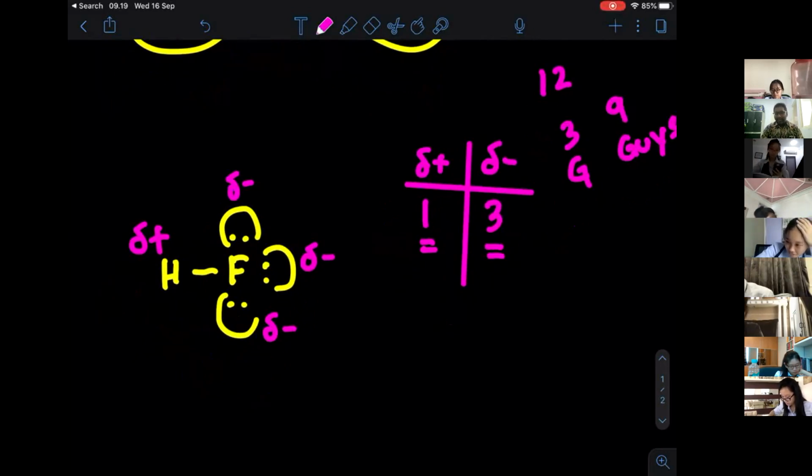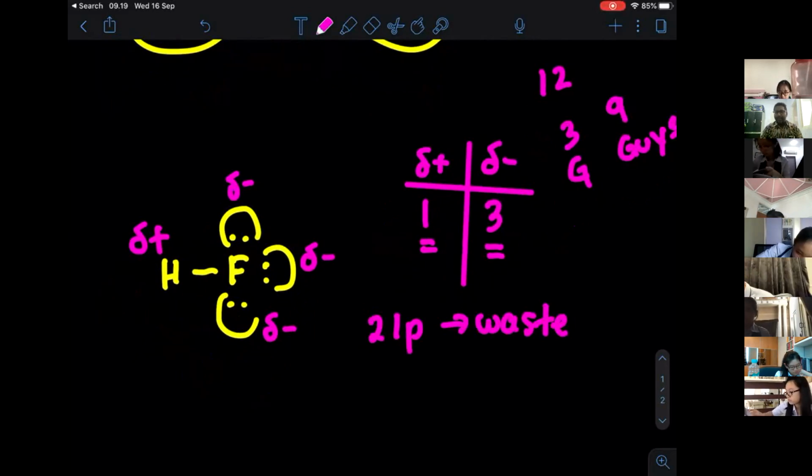So now what will happen? The two lone pairs of electrons will go to waste. They will not take part in the bonding. Of course, they will take part in the bonding, but if you look at it overall, for one particular molecule, what will happen?